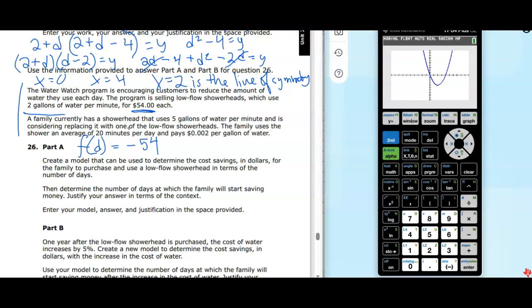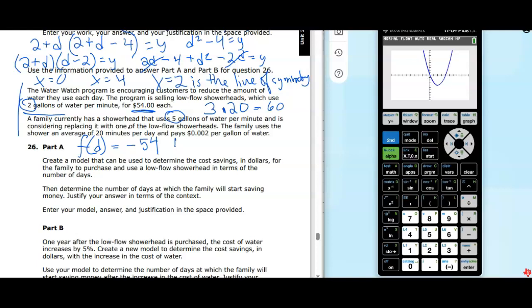Then I will be, instead of using 5 gallons of water per minute, using 2 gallons of water per minute, which means that I'll be saving 3 gallons of water per minute. So I'm going to write 3 gallons of water per minute, right, is how much we'll be saving, times 20 minutes on average, is going to be 60 gallons saved per day, right?